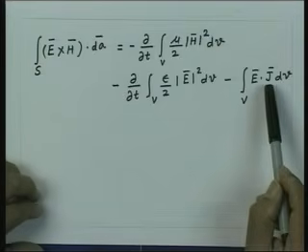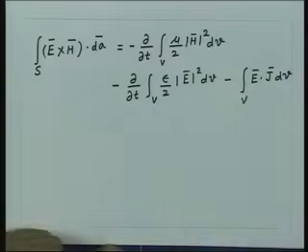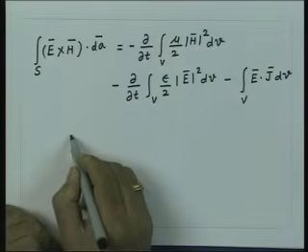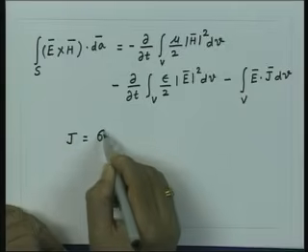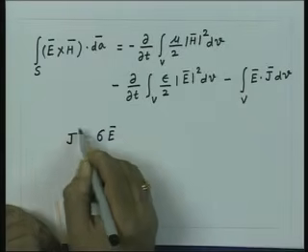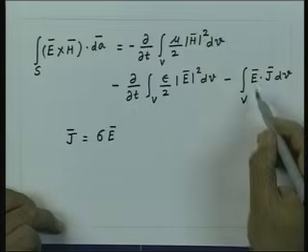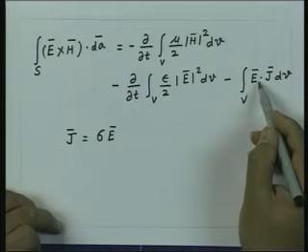I can substitute for j, that is sigma times E. So, this term here, if I substitute for j equal to sigma times E, will become sigma into mod E square.